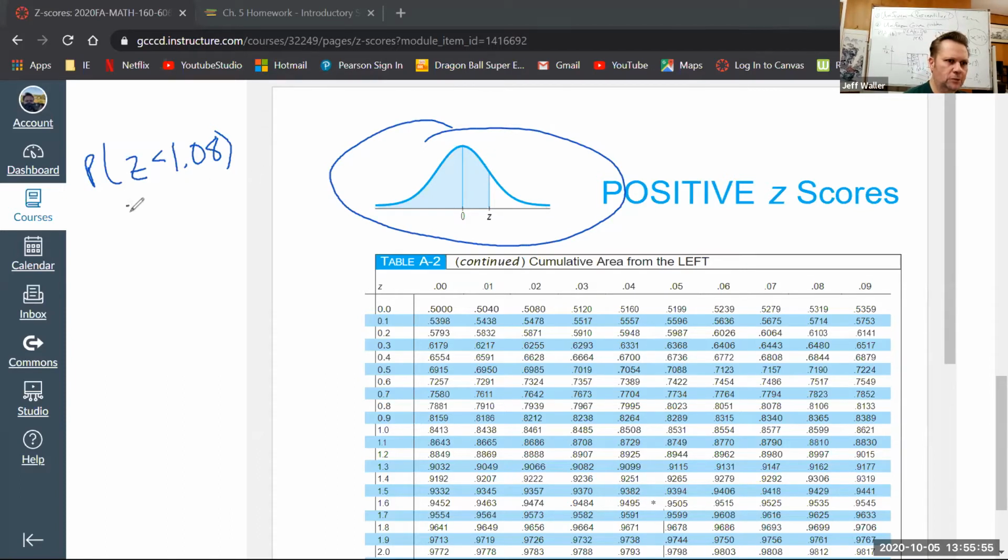So this answer being 0.8599, or almost 86%, visually makes sense because 1.08 would be over here. Bigger than 50%, and this is where most of the stuff is, so it should be pretty big. There's very little out here.